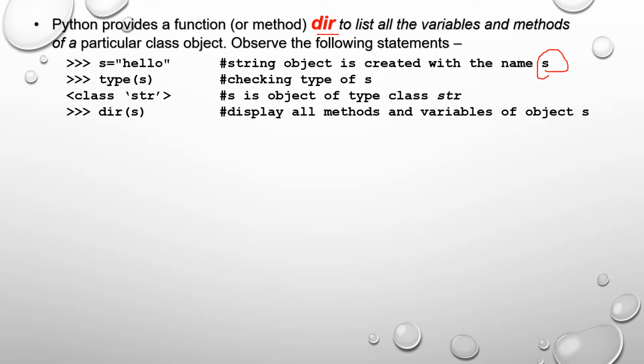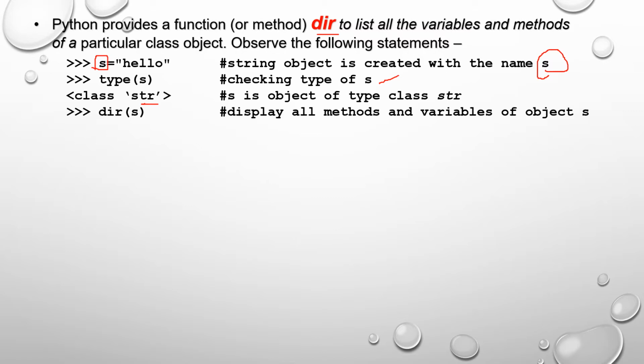If you type type(s), the instruction checks the type of s. So here s is an object of the class str.